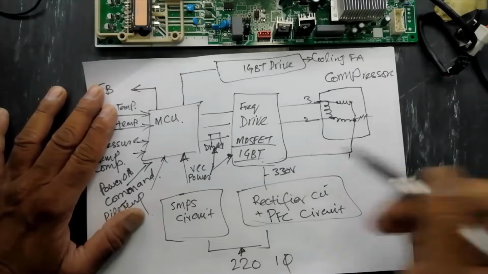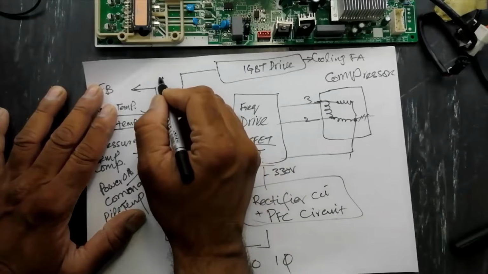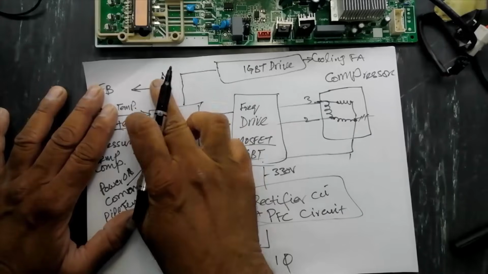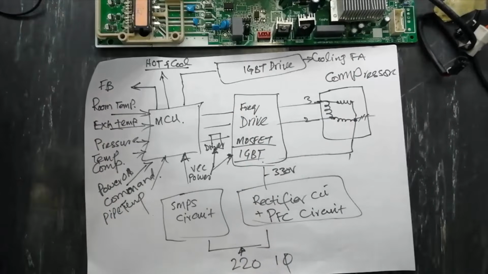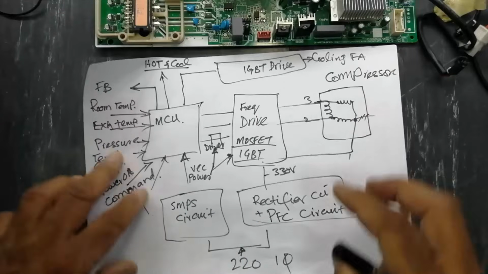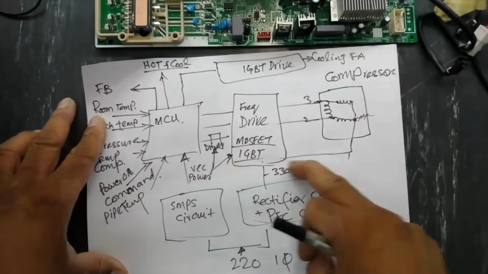If it is hot and cool, then it will drive a relay or switch to change hot and cold. So let's start, and we will see this block diagram and correlate it with this board.